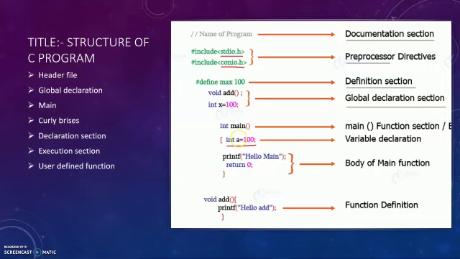int a = 100. This means a is an integer data type variable, and the meaning of the statement is to assign value 100 to variable a. Okay. Next is printf in double inverted quotes "hello main".